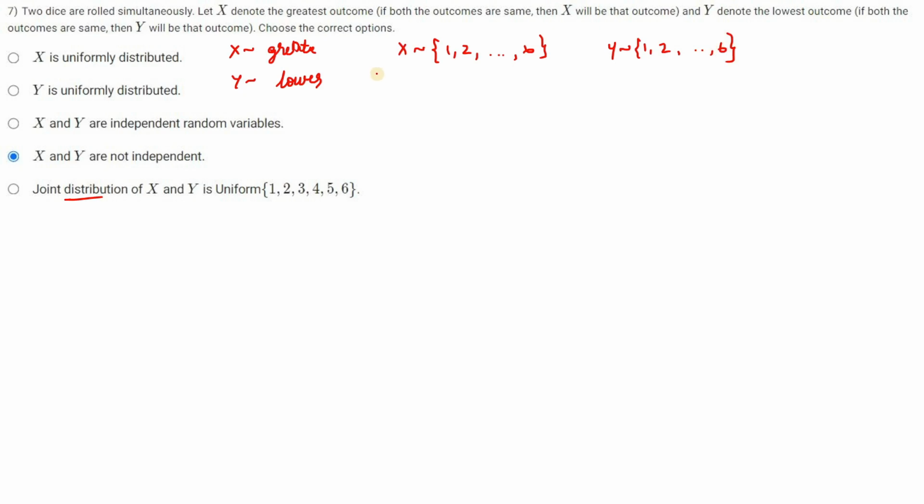Right, so if we write a table here, let's say y and x will take 1 2 3 4 5 and 6, and here 1 2 3 4 5 and 6.